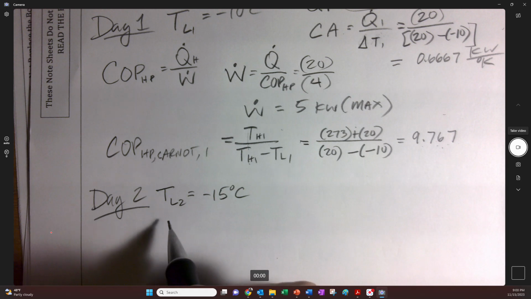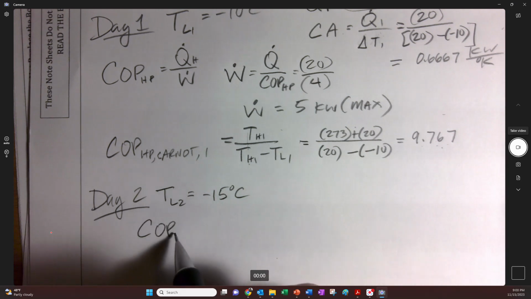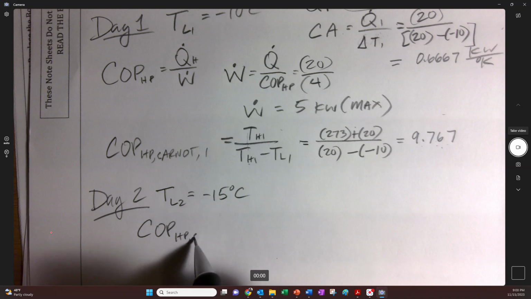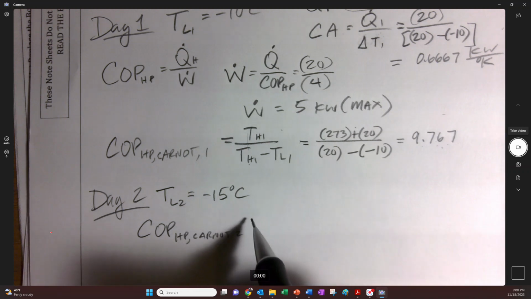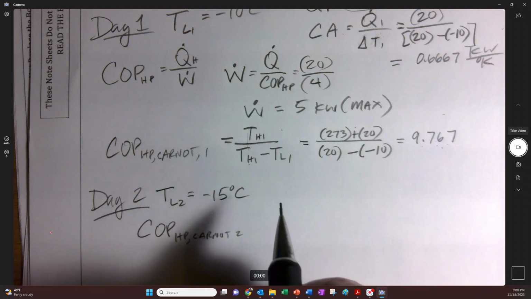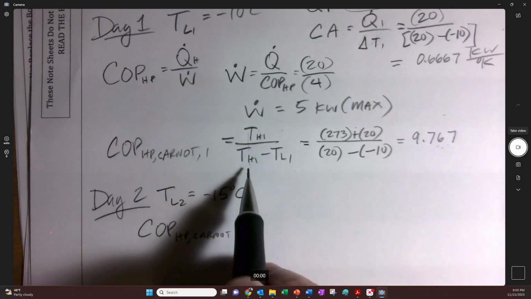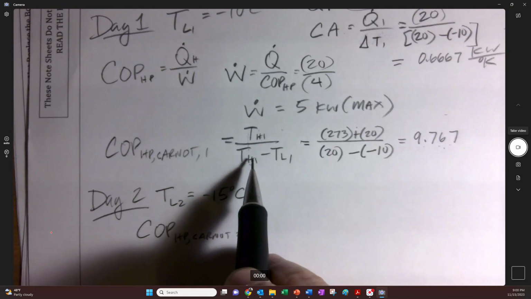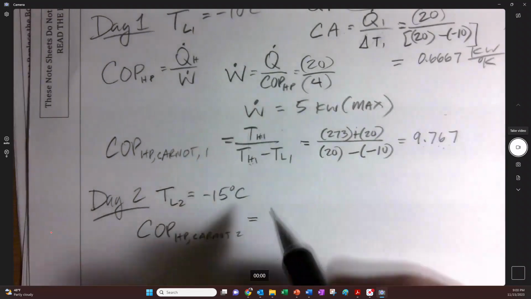Yeah, let's go to COP heat pump Carnot 2. Now the only thing that we know is the low. We don't know the high. The high is what we want to find out on day 2, what the temperature is.